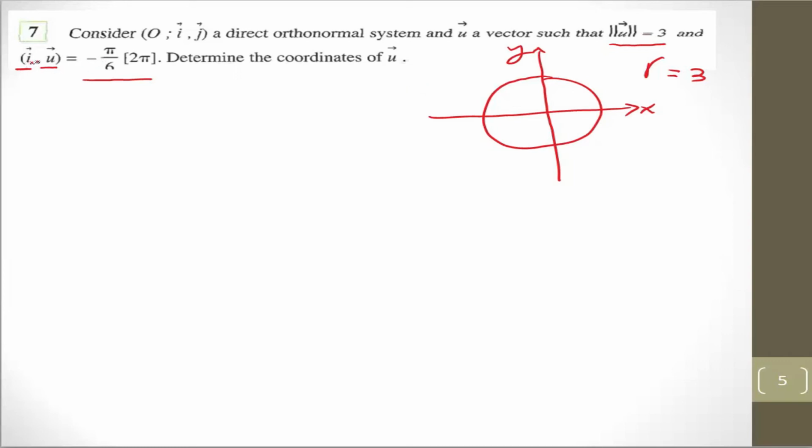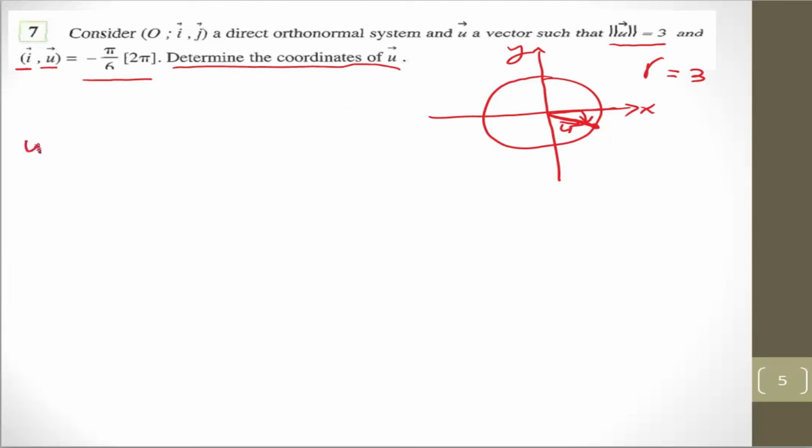And the angle between I, which always represents the positive x-axis, and u is minus pi over 6, so minus 30 degrees, somewhere here. This angle is minus pi over 6, and the radius r equals 3. So how to represent this? He said to determine the Cartesian coordinates of the vector u.